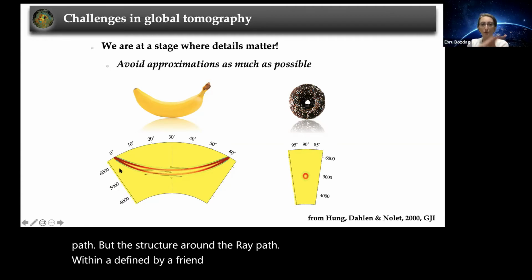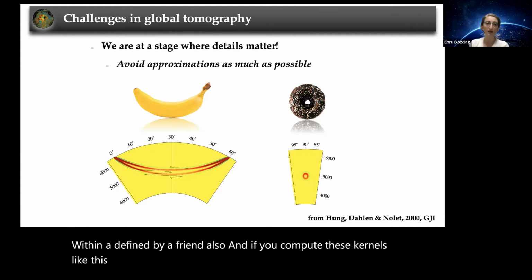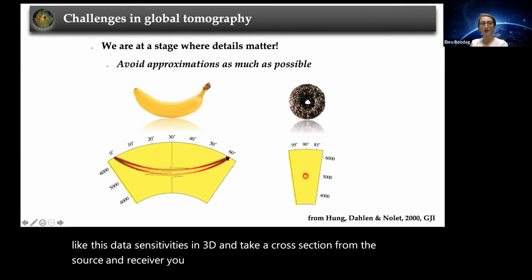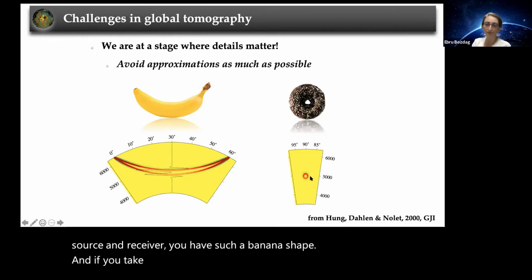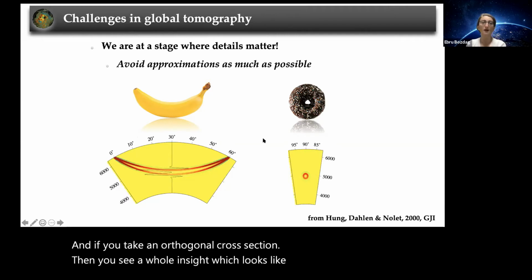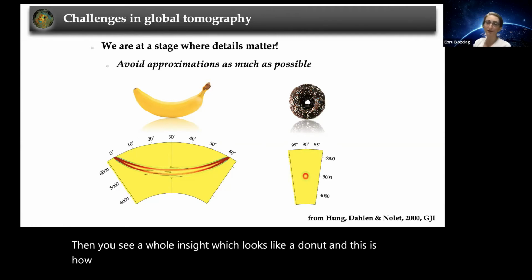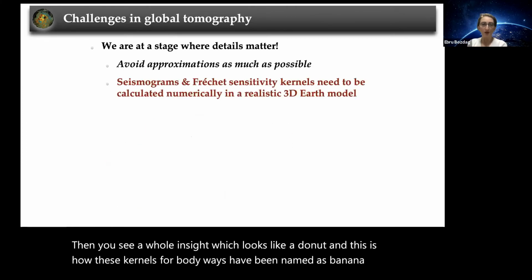If you compute these kernels, these data sensitivities, in 3D and take a cross-section from the source and the receiver, you have such a banana shape. And if you take an orthogonal cross-section, then you see a hole inside which looks like a donut. This is how these kernels for body waves have been named banana-donut kernels.